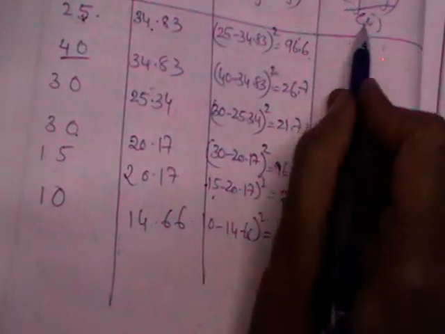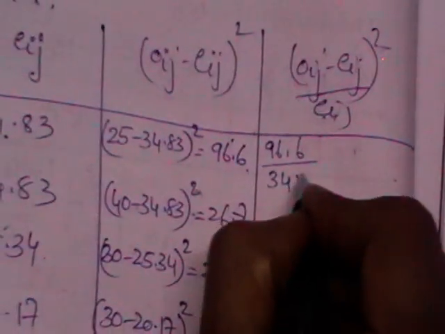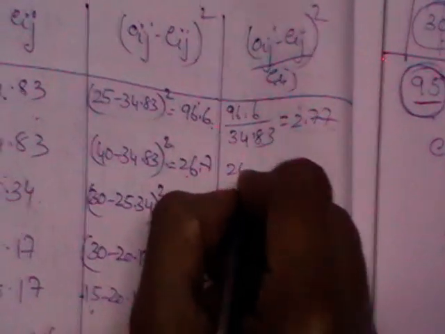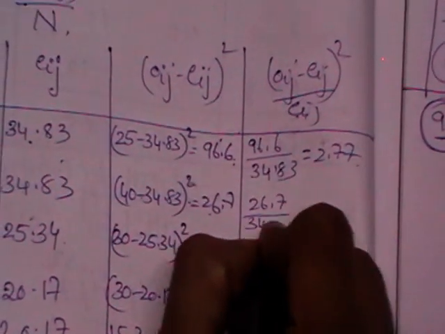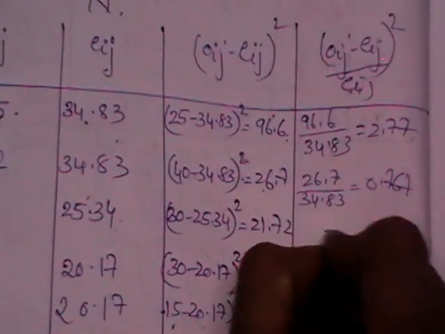Now divide this by EIJ, meaning 96.6 by 34.83, which is 2.74, and 26.7 by 34.83, and fill the rest of the values.